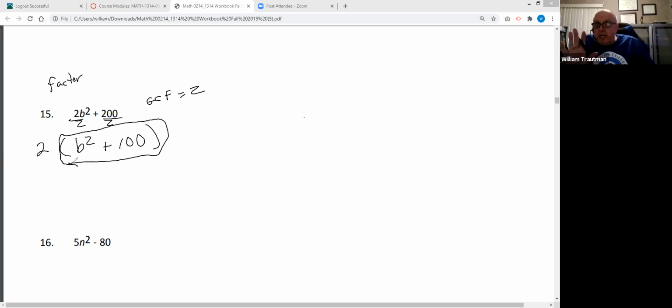Go ahead. Nobody say anything. Just type in your answer when you're done for number 15. Factor it using the two-term method. B squared plus 100. And a hint, 100 is 10 times 10.